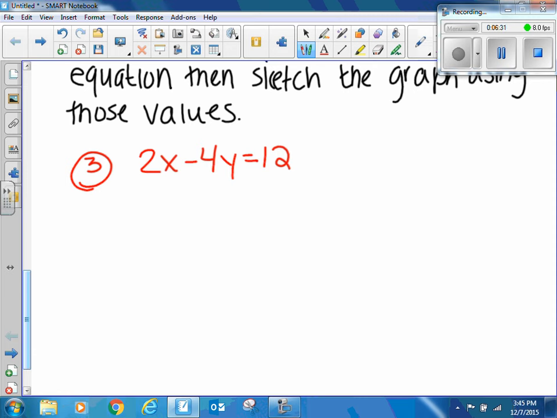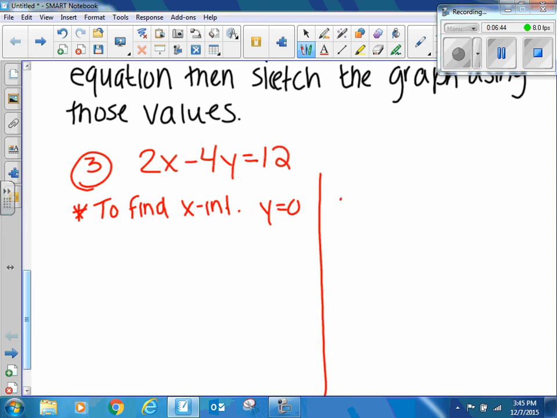Well, we just said, to find the x-intercept, y is equal to 0. And to find the y-intercept, x is equal to 0. So we're going to take that information, plug it into these equations, and see what we find.